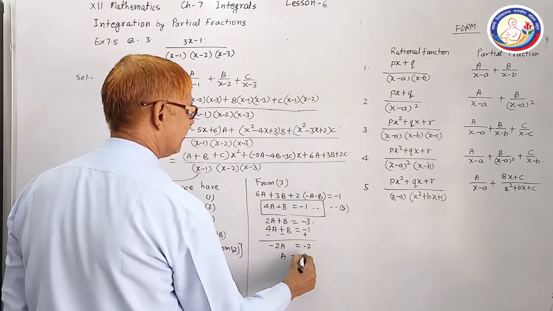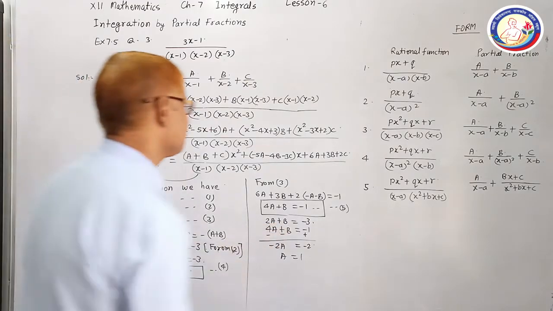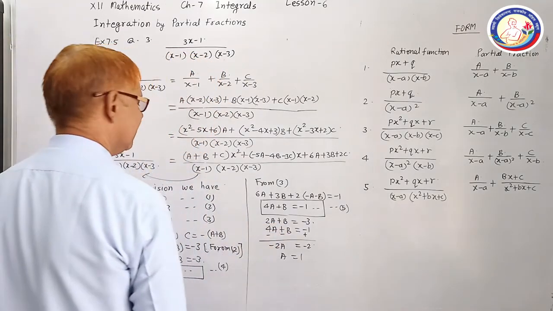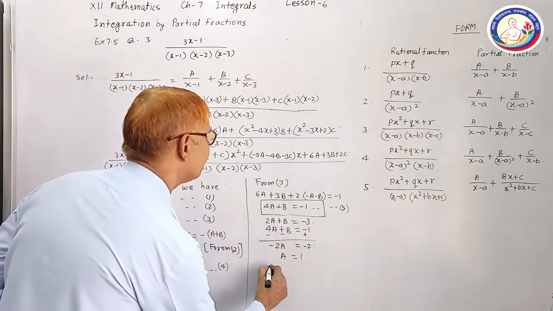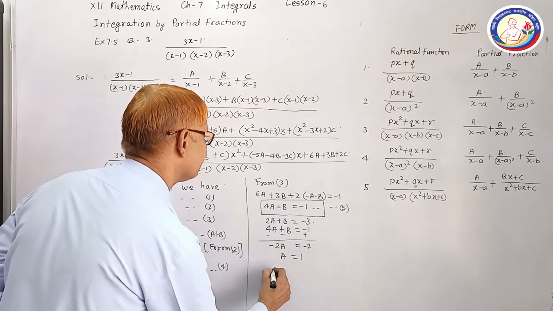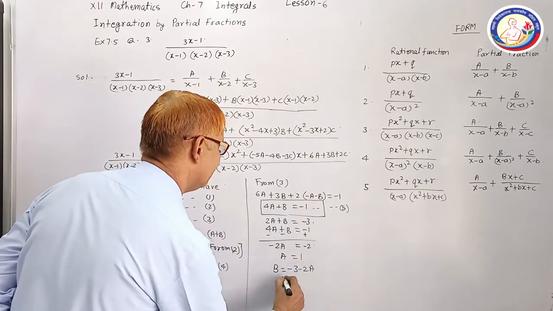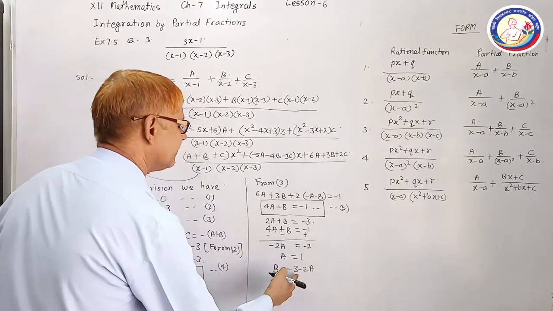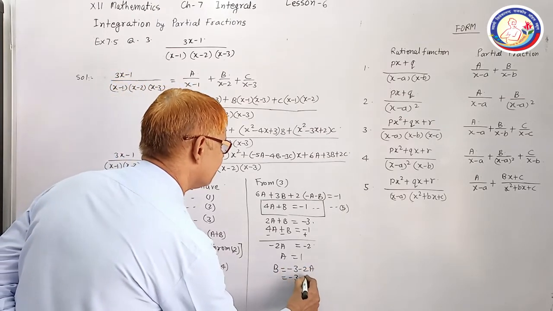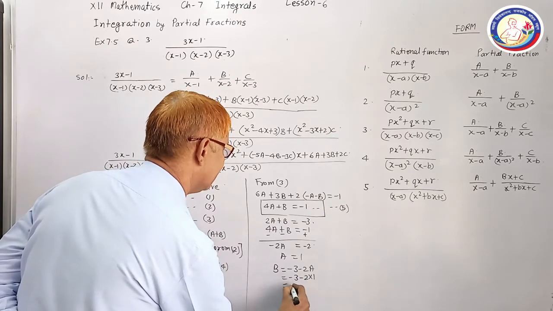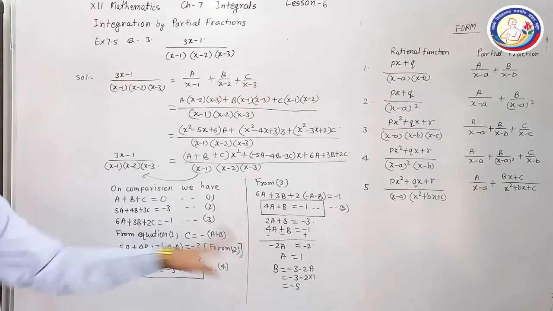So A will be equal to 1. The value of A is 1, then from any one of the equations we can find the value of B. From 4, B equals minus 3 minus 2A, that is minus 3 minus 2 into 1, that is minus 5. So A is 1 and B is minus 5.